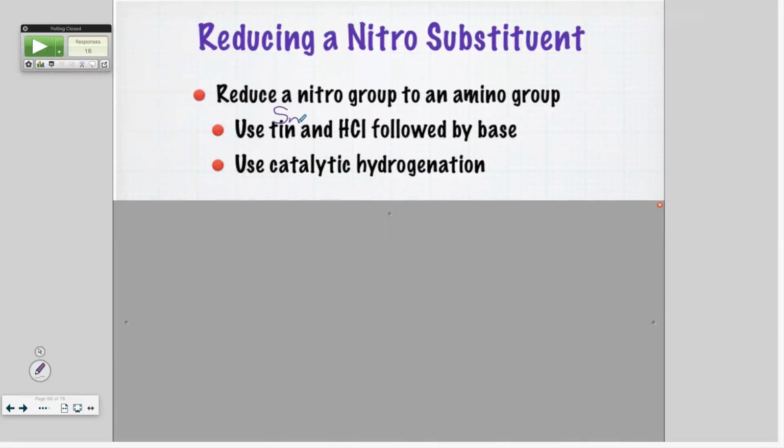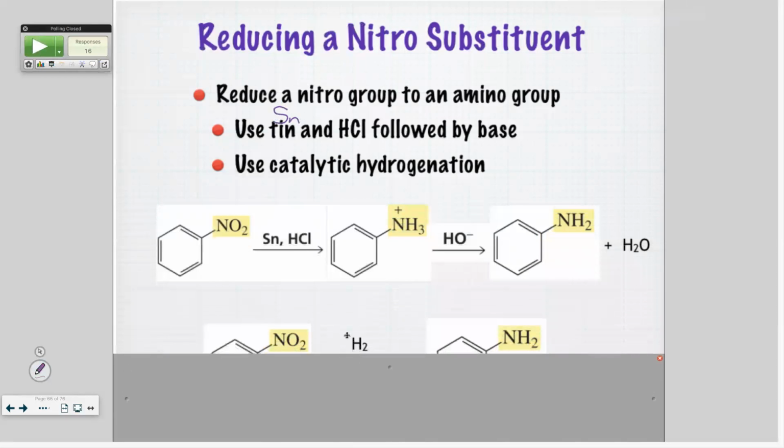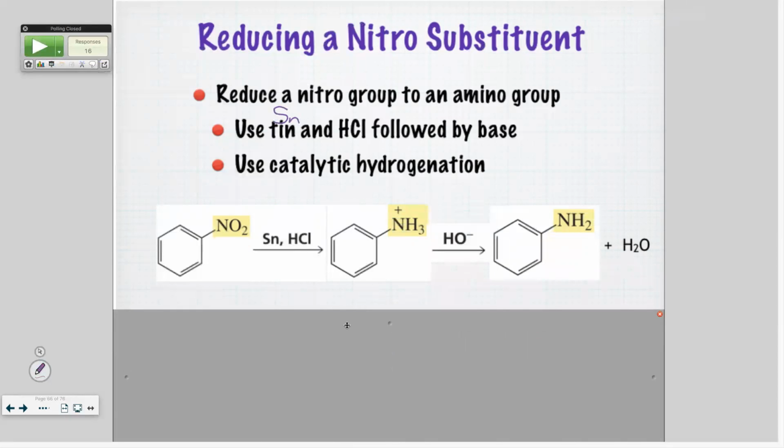Okay, so here's what happens. You use tin and HCl, and that's how you can get an amino group on your ring. It will be protonated after this step, so you have to deprotonate it by using the base. And you do it all in the reaction mixture. Like, you never isolate this.